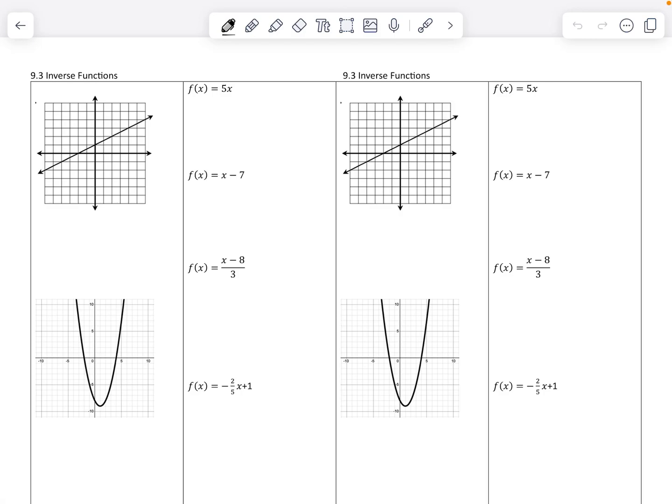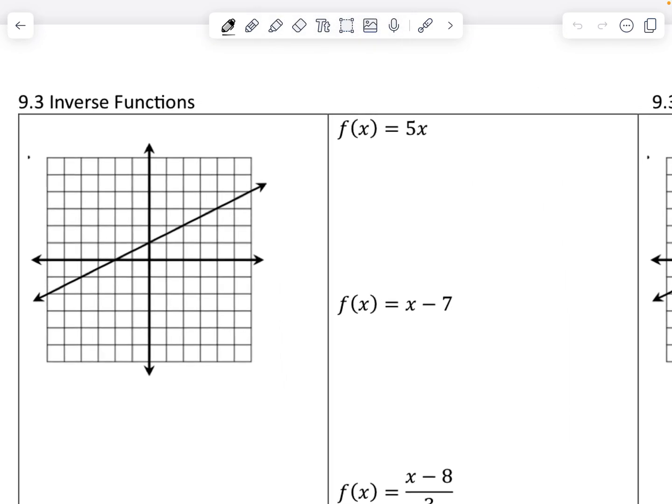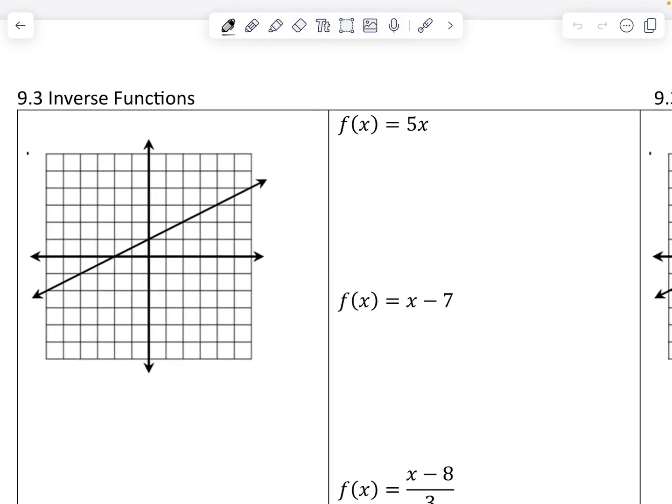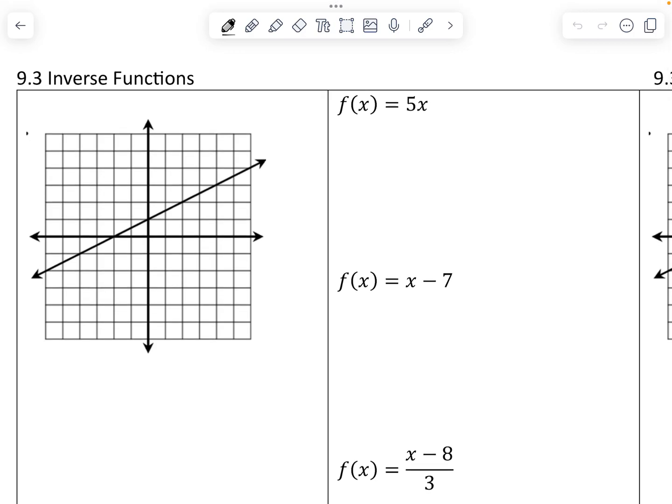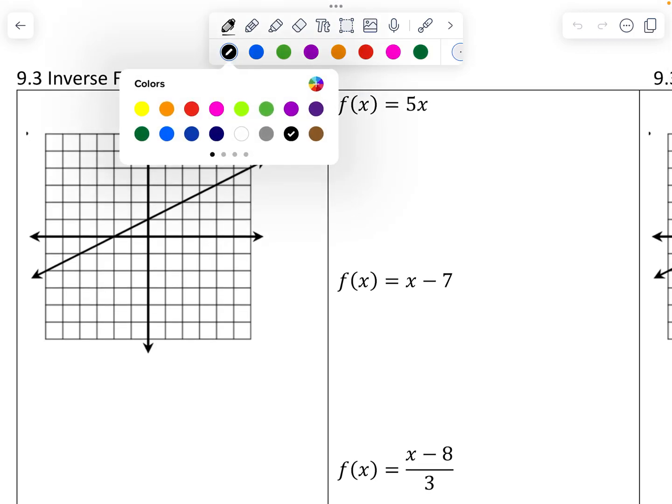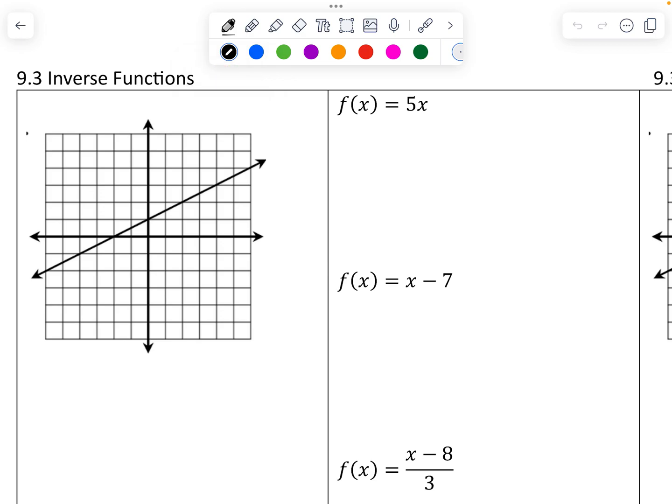Hello friends, this video is going to be on how to work with inverse functions. So probably the most important thing to remember about an inverse function is if the original function has an ordered pair on it of (a, b), then the inverse, which is written with a power of -1, would have the ordered pair of (b, a).